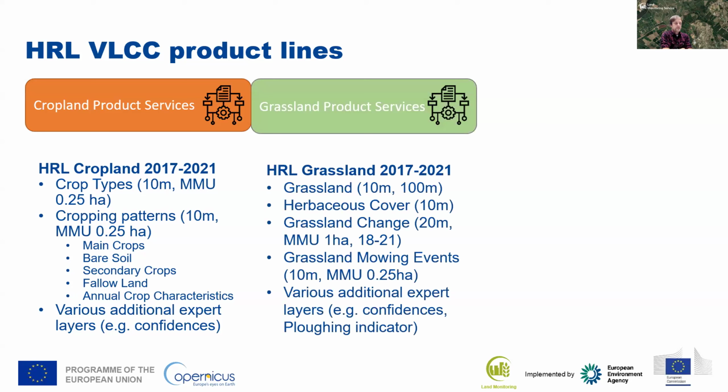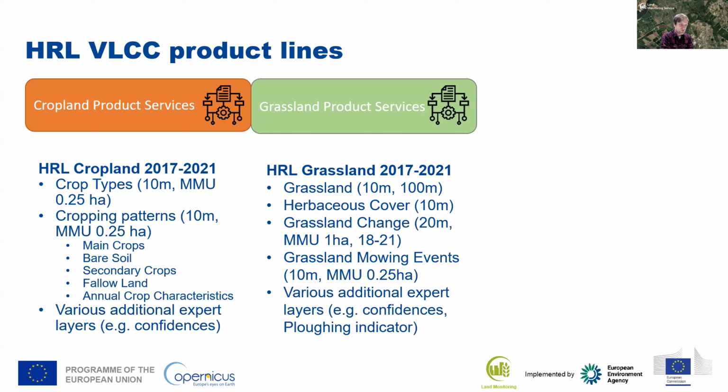The second product line are the grassland products, and here we have the well-established grassland status layers, which are available in 10 meter and also in an aggregated 100 meter resolution. There's also the established grassland change with 20 meter and an MMU, minimum mapping unit, of 1 hectare, mapping the grassland change from 2018 to 2021.